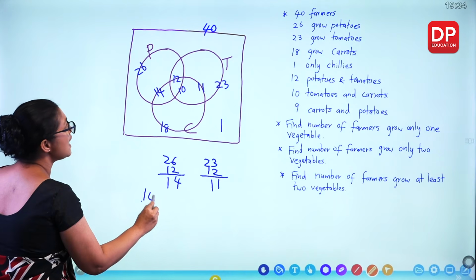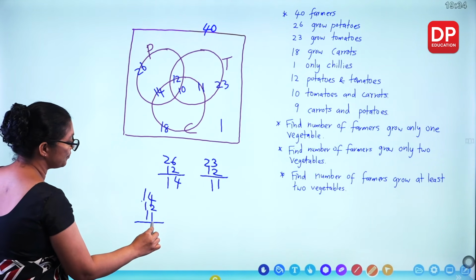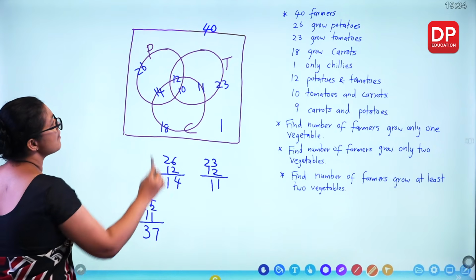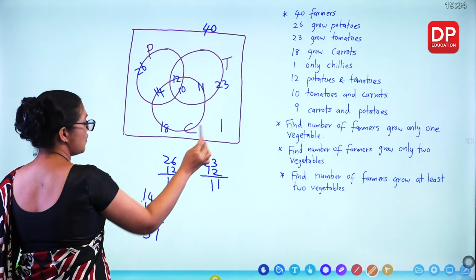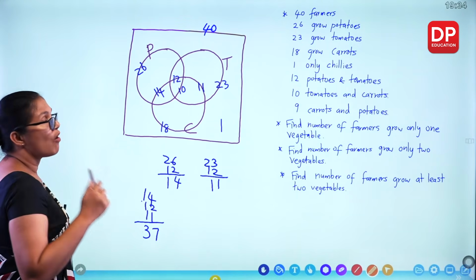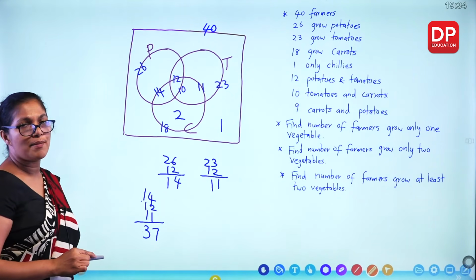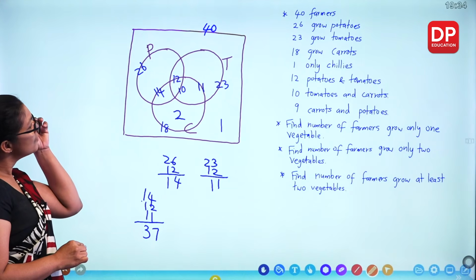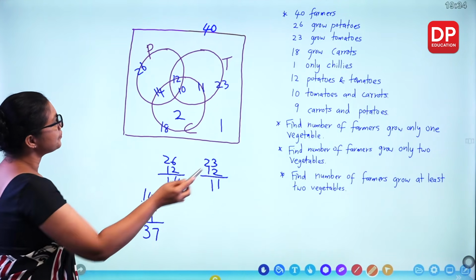So 14 plus 12 plus 11. What's the value? 37. These three, 37. And this one with that one, 38. Altogether 40. So what's this number? This number is 2.